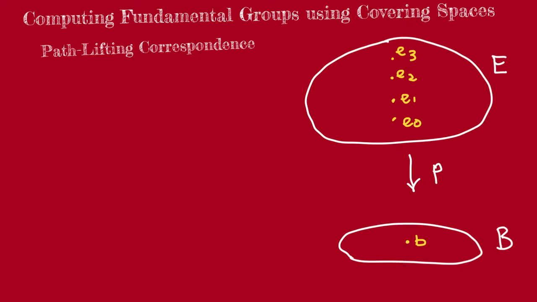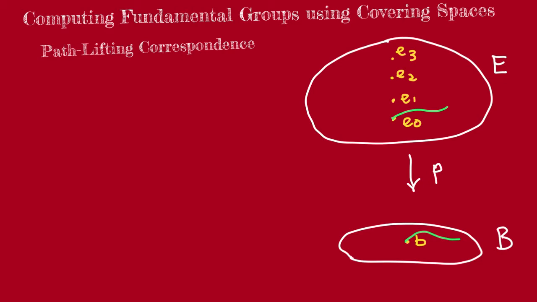Let's say we have a favorite one. We like e_0 the most, okay? Then the claim is that if we have a path in B starting from little b, then it lifts to a unique path starting from e_0. In other words, there's a unique path starting from e_0 in E that maps down to this path in B.